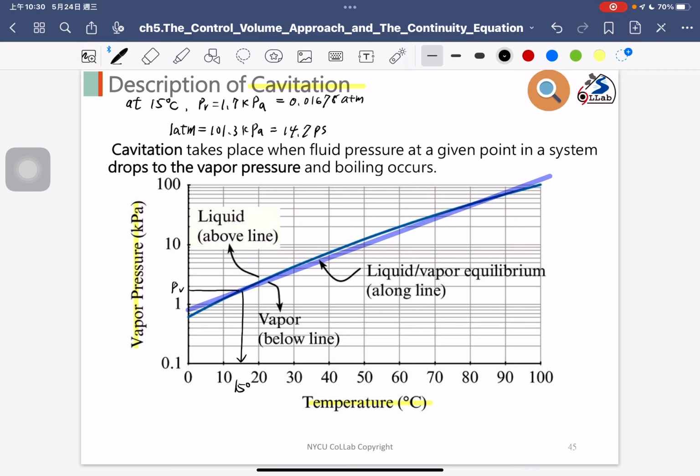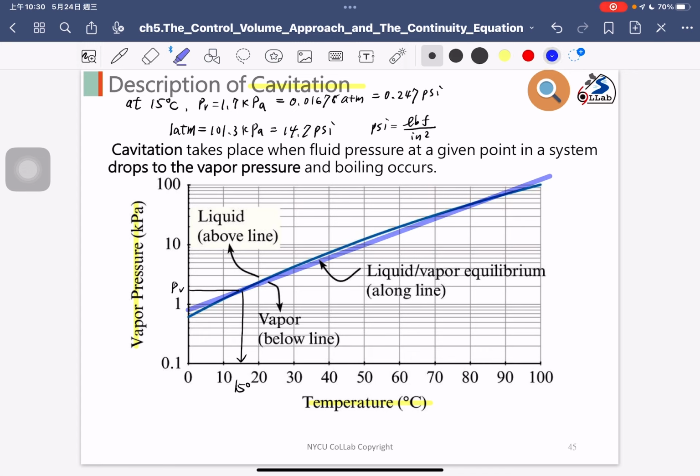And as you remember, 1 atm will equal 14.7 psi. If you remember what psi is, psi is pound force per square inch. So you can convert how large psi we will have for the normal conditions: 0.246 psi.